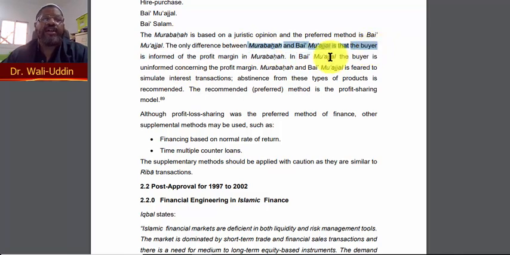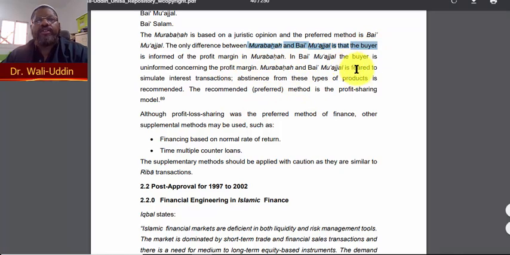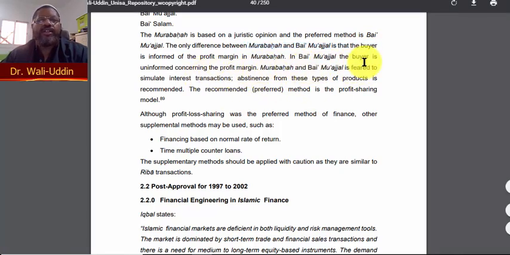This is the difference, is that the buyer is informed of the profit margin in murabaha. In bay' mu'ajjal, the buyer is uninformed concerning the profit margin, and that's maybe why they call it the same. But these really look like riba transactions, and that's why many people can't really determine it or distinguish them from the riba transactions.